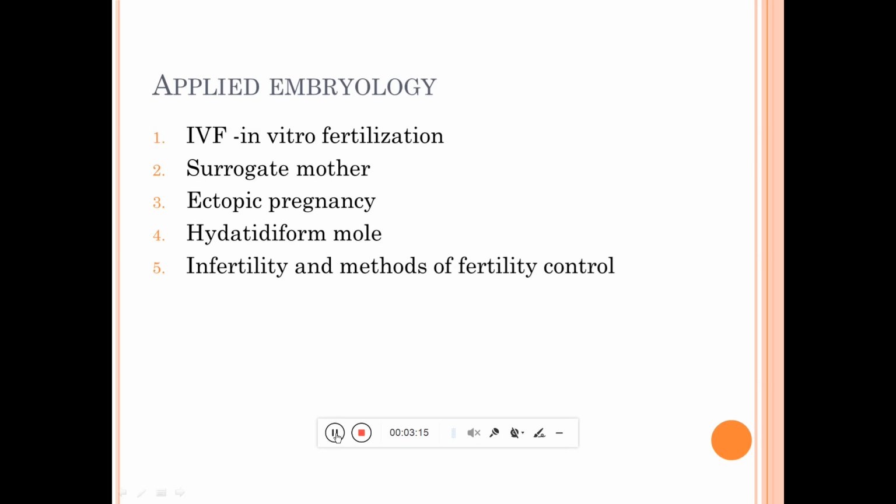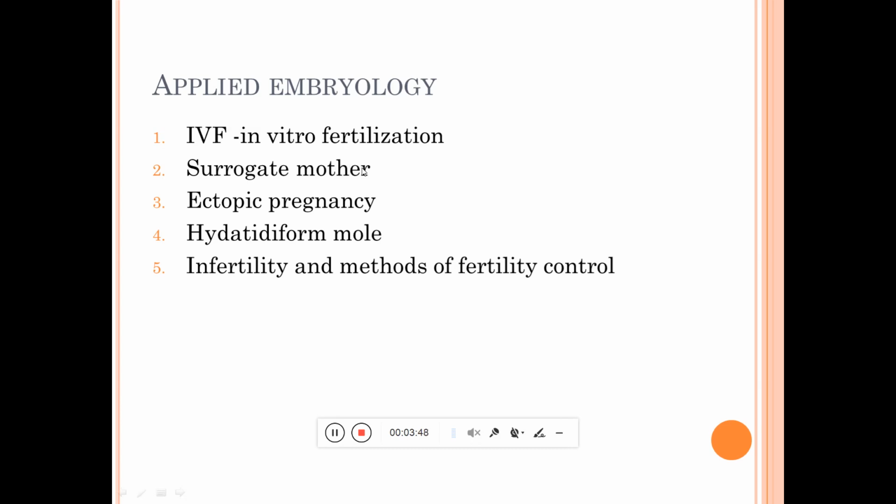Sometimes there is some fibrosis in the uterus, or due to some personal reasons she doesn't want to implant the embryo in her uterus. At that time, the ovum is from the same mother, but the fertilized ovum from the laboratory is implanted into some other mother. It is known as a surrogate mother.